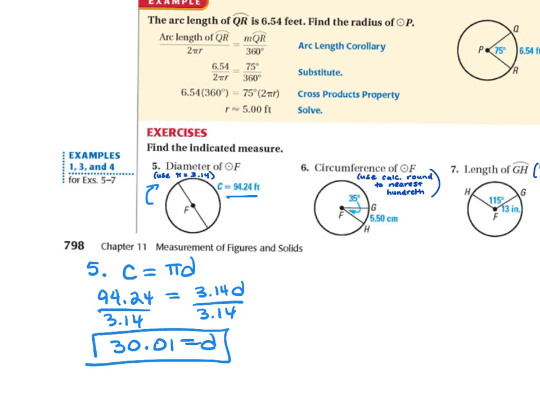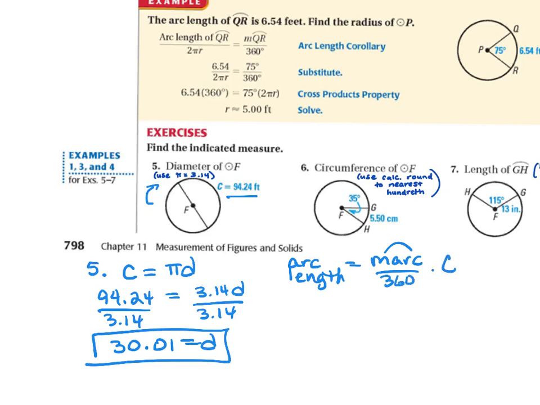Next question, number 6. It's asking me to find the circumference. So they're giving us the arc length and the measure of the arc. The formula I'm going to use is arc length is equal to the measure of the arc divided by 360 times the circumference.